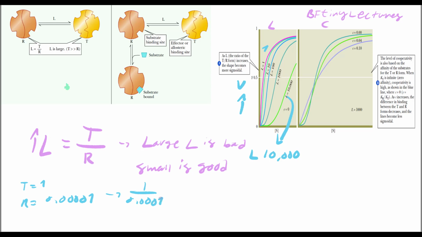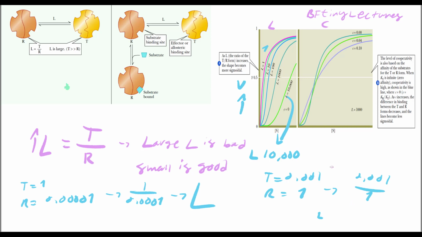So you don't want that. You don't want to have more T enzymes than R enzymes, because then you're going to have a big L. But let's imagine that T is equal to 0.001, and R is equal to 1. So we have 0.001 over 1, and that gives us an L value that is very, very small. So that makes the velocity increase, and that's good.